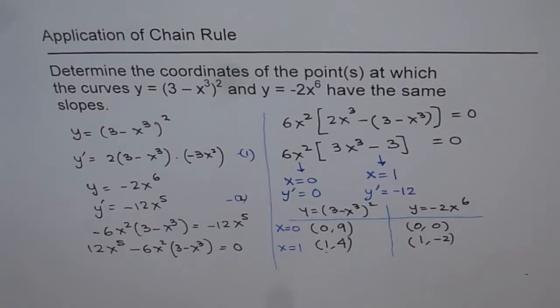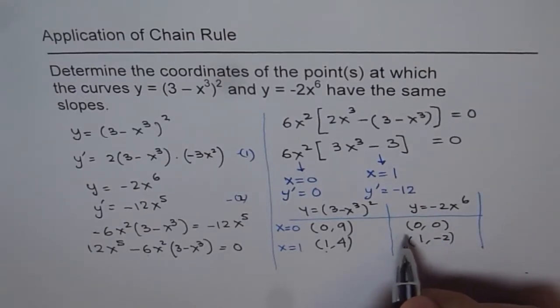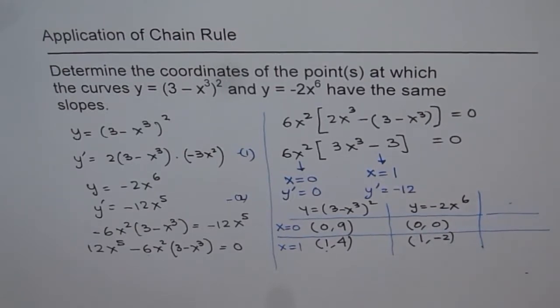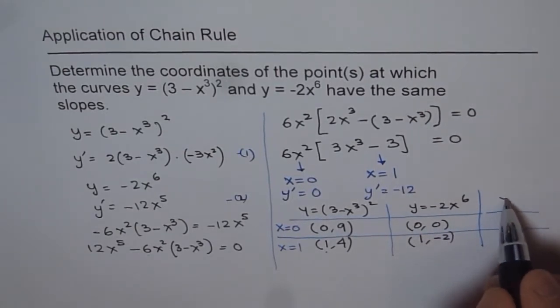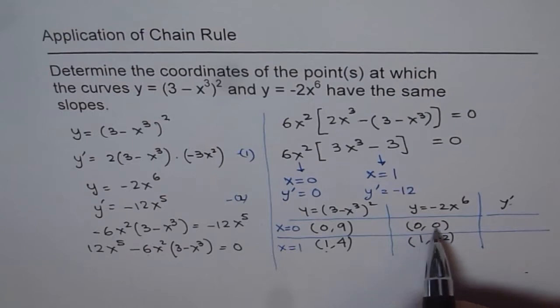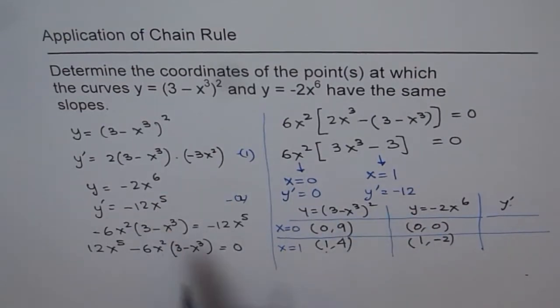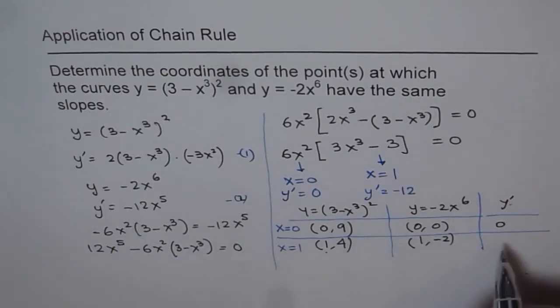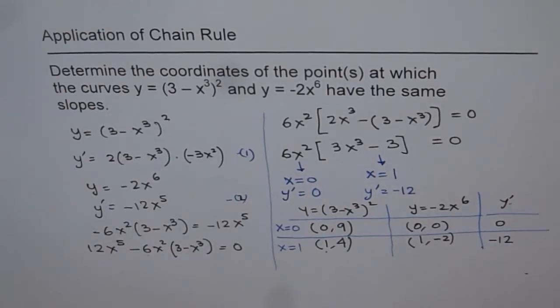Now let me write what their derivatives are, which are the same. y dash, the derivative: if I put 0, the derivative will be 0. If I put 1, the derivative will be minus 12, right? So this form we can write down very clearly as our answer.